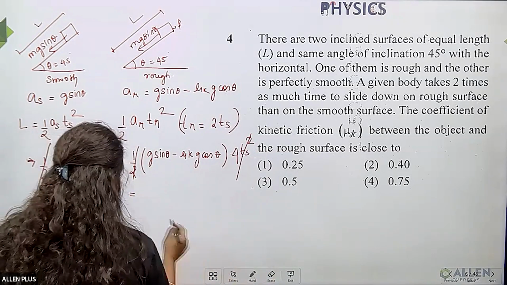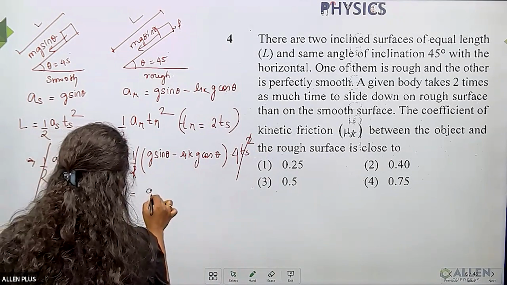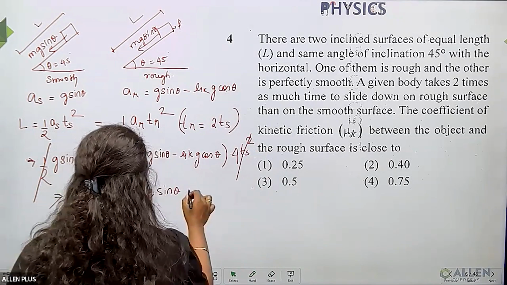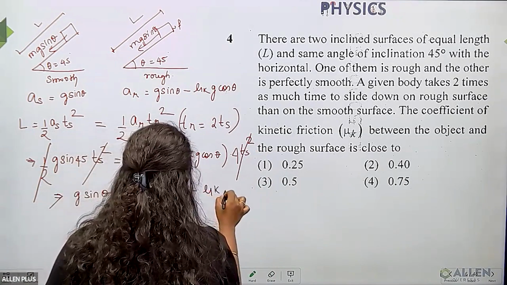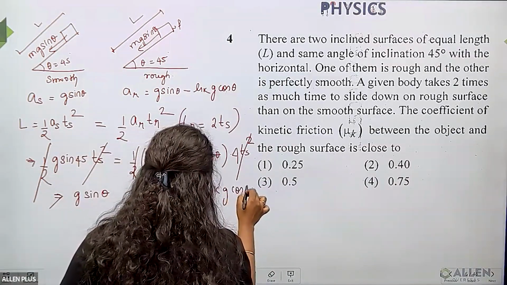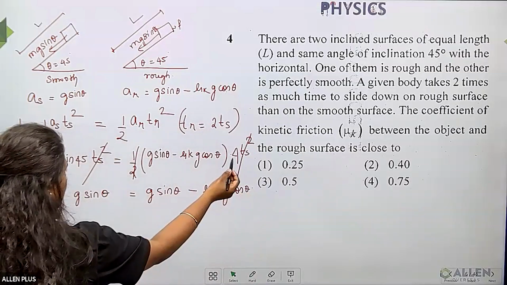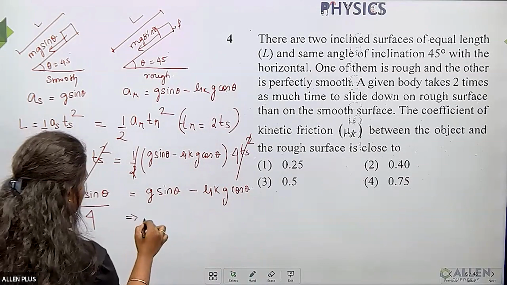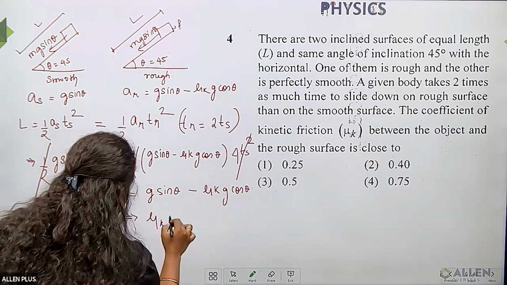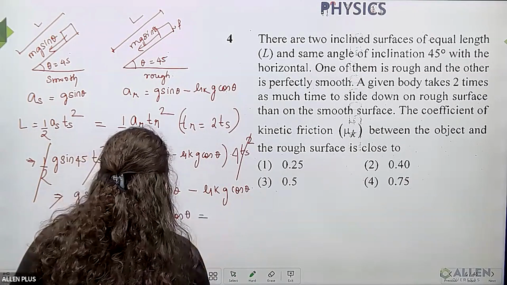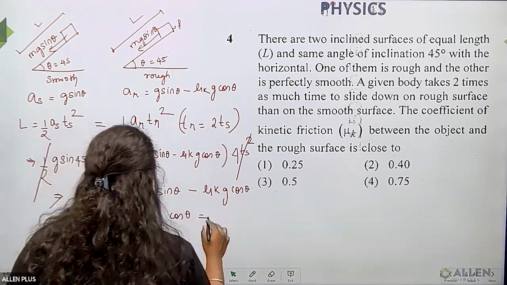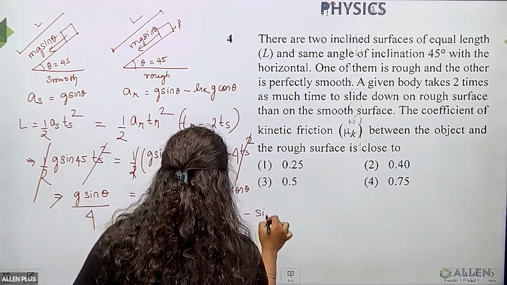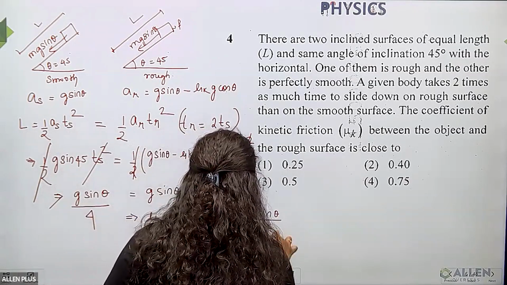So I can write g sine theta is equal to g sine theta minus mu k g cos theta, with the 4 over here, I'm taking here and dividing it by 4. Or from here, I can write mu k cos theta is equal to sine theta minus sine theta by 4.